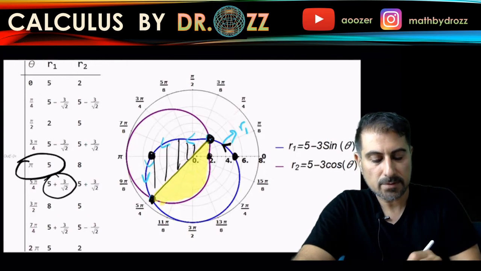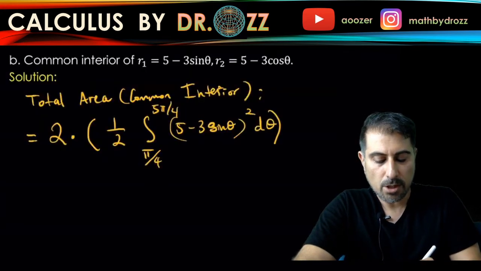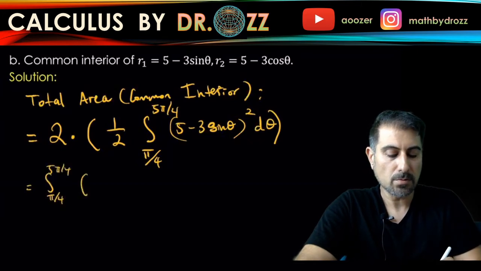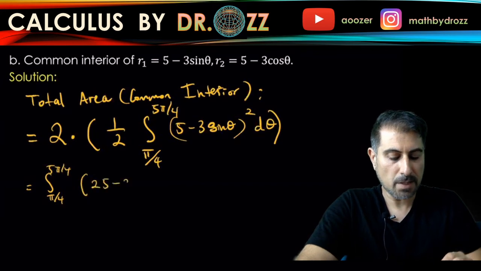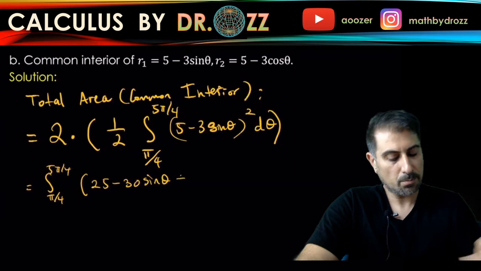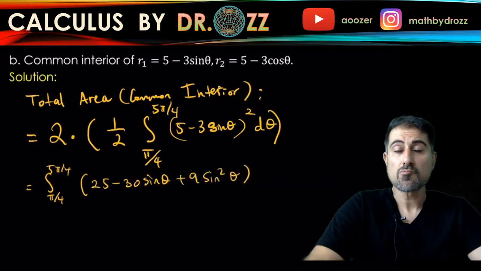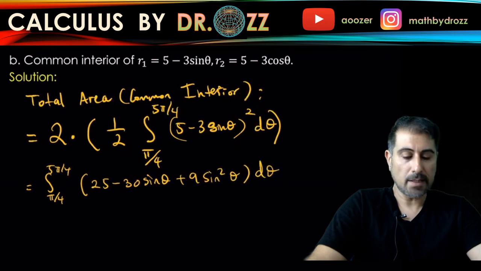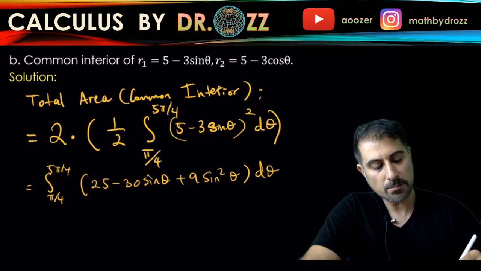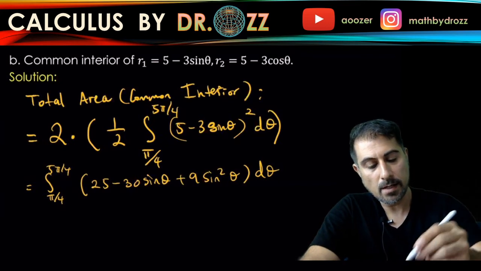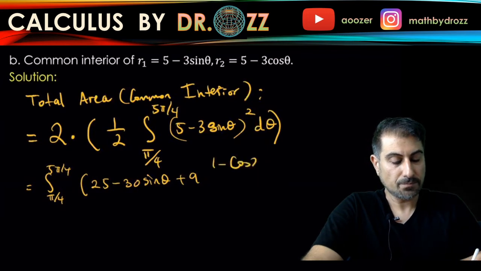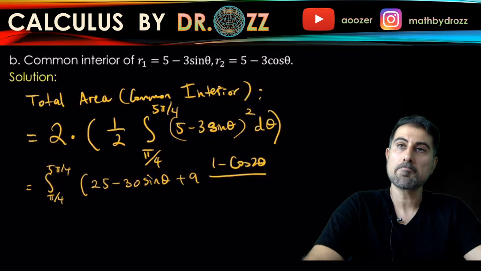So simplifying this, you have pi over 4 to 5 pi over 4, and let's expand this out. 25 minus 30 sine theta plus 9 sine squared theta. And we still have sine squared theta here, so I'm going to use the power reducing formula for it. I'm going to erase this and replace it by (1 minus cosine 2 theta) over 2 d theta.